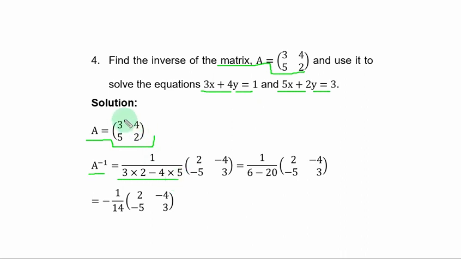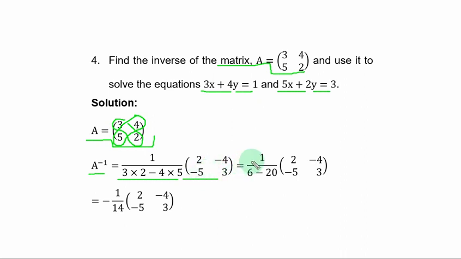You start with the main diagonal, that is 3 times 2 minus 4 times 5, times this matrix with the entries such that you interchange the elements in the main diagonal from 3, 2 to 2, 3. And the second diagonal, you negate it, meaning you multiply it by minus 1. You have minus 4, minus 5.